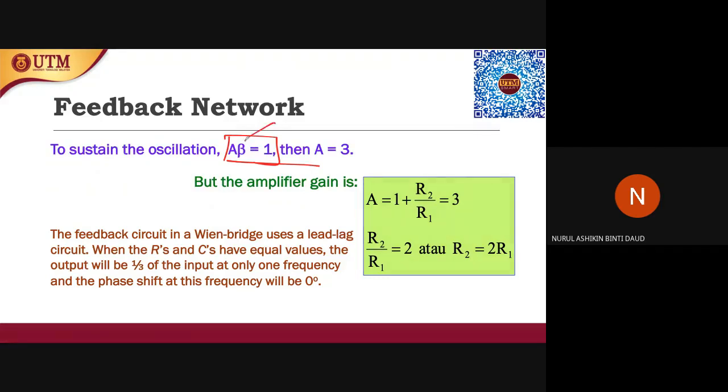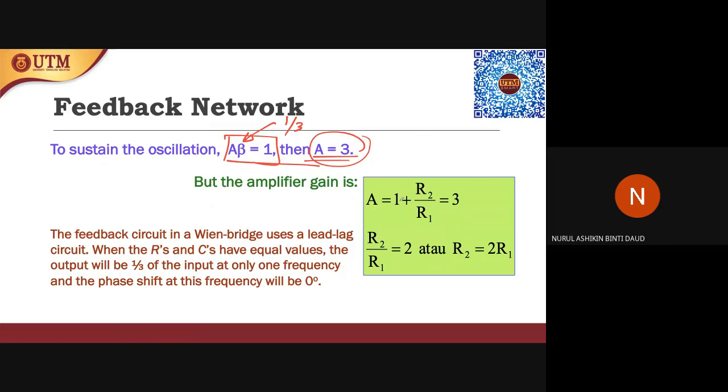Since the beta gain is always 1/3 for the Wien bridge network, the amplifier gain for the Wien bridge oscillator should be equal to 3.